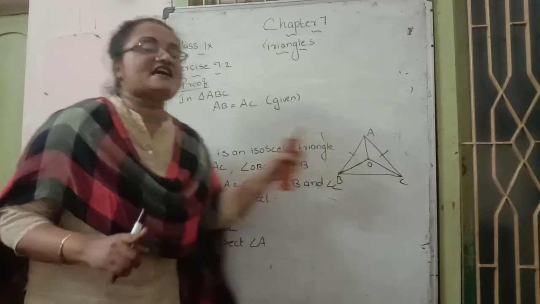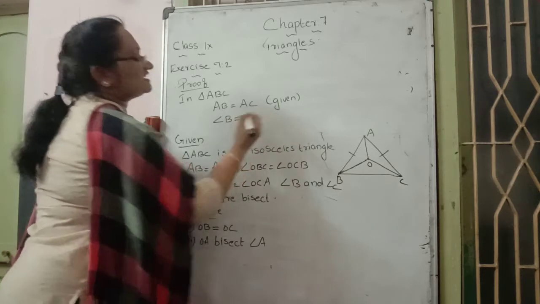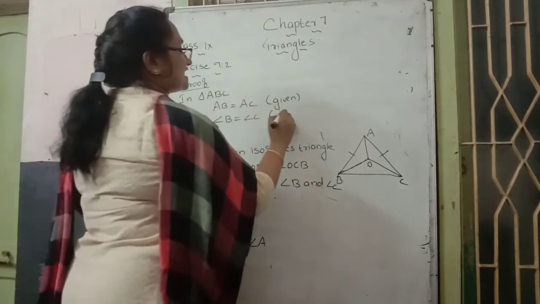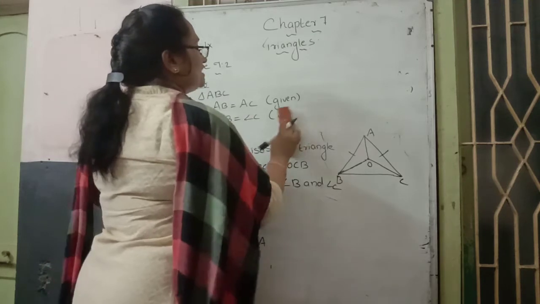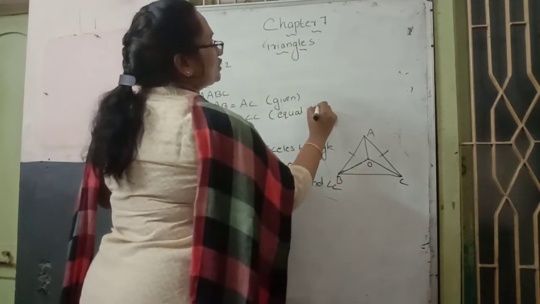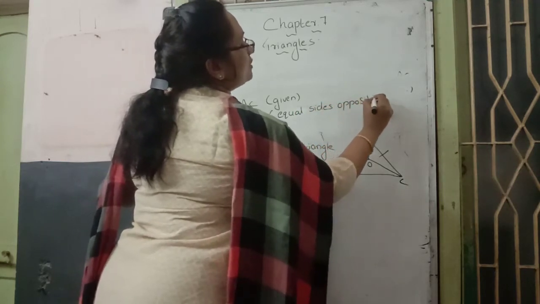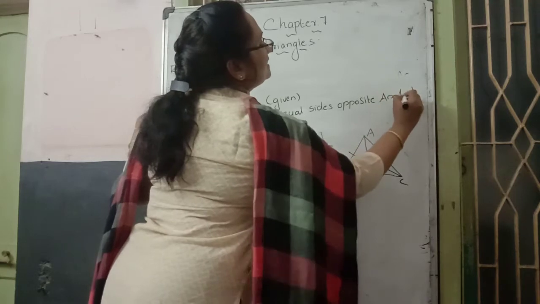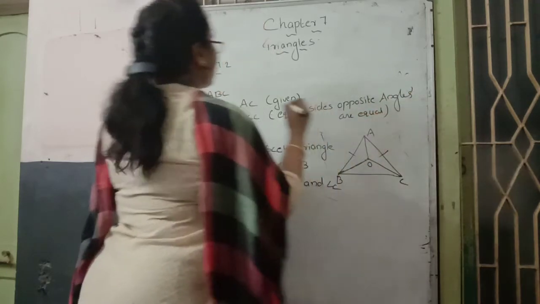B and C. That's why we can write angle B and angle C are equal. The reason we write: equal sides, opposite angles are equal. That property we apply here.